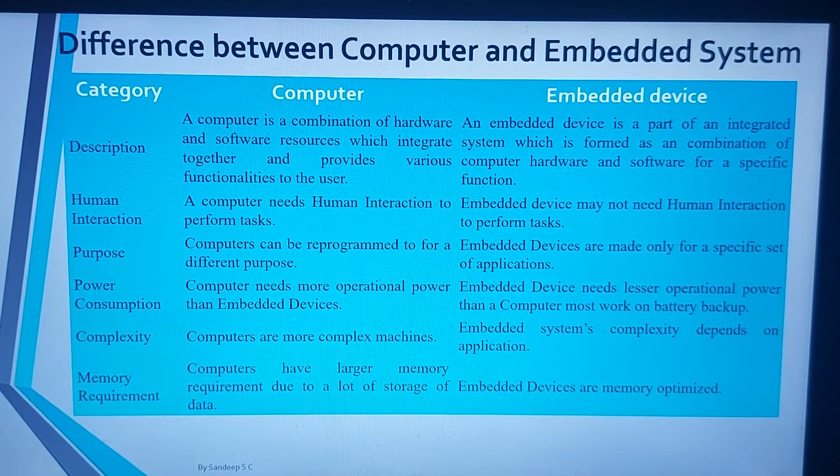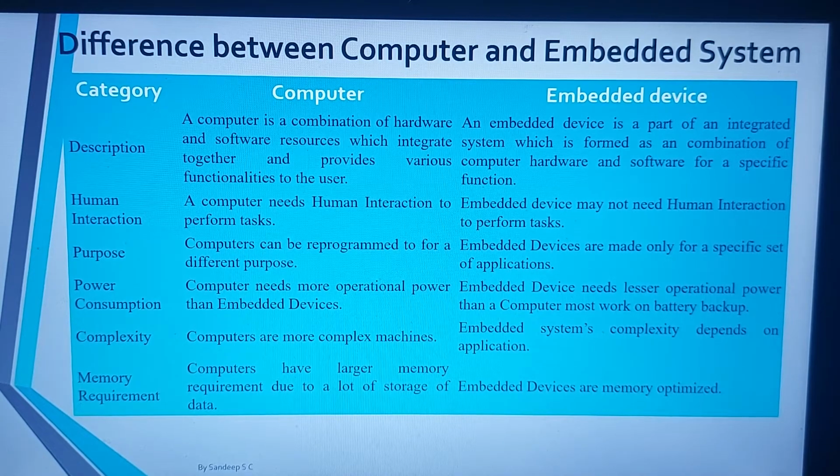Or you can consider a washing machine, which comes with software that cannot be changed. A microwave comes with the software inside, which cannot be changed. Like that, there are many gadgets around us which come with software within them. Such systems are called embedded systems or embedded devices.